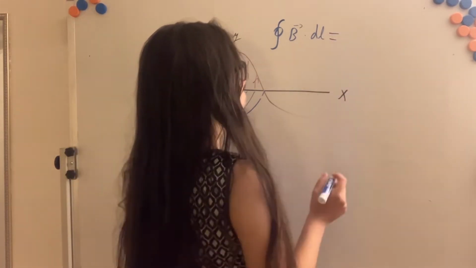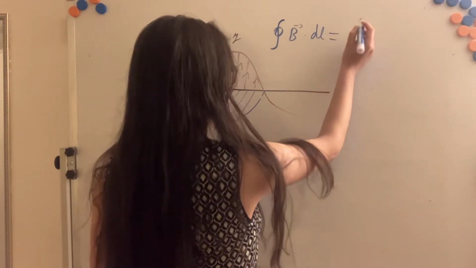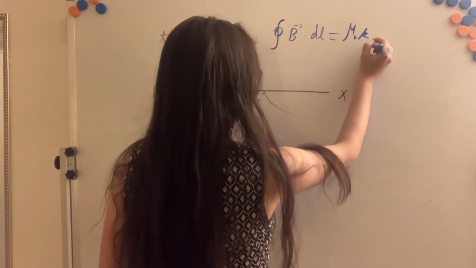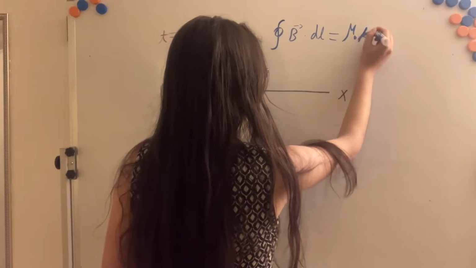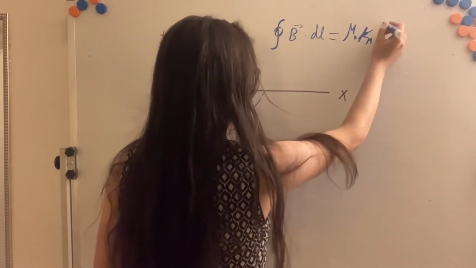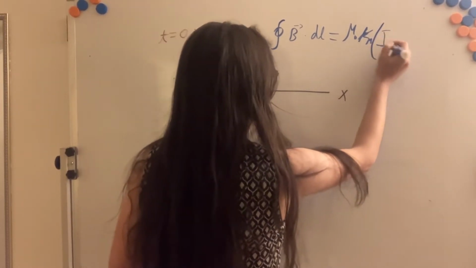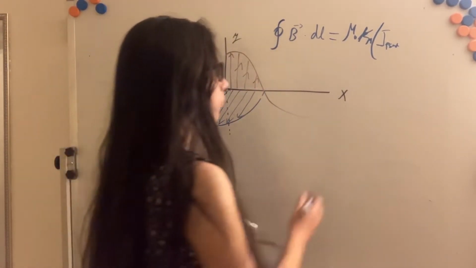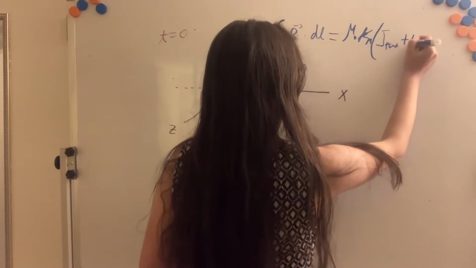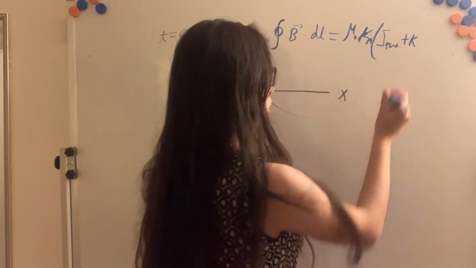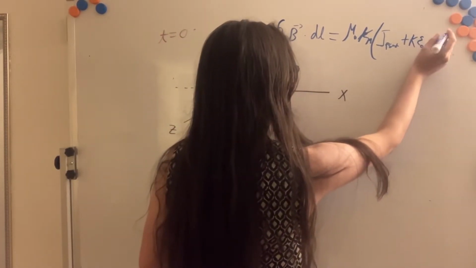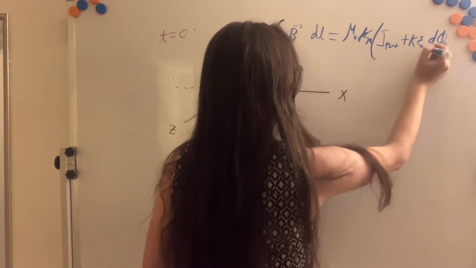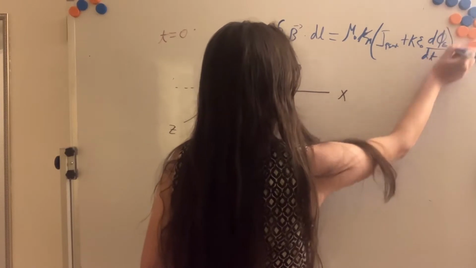This would be equal to mu naught times the magnetic permeability K sub m times the current penetrating the attached surface, plus the dielectric constant times epsilon naught times the change of the electric flux in dt.